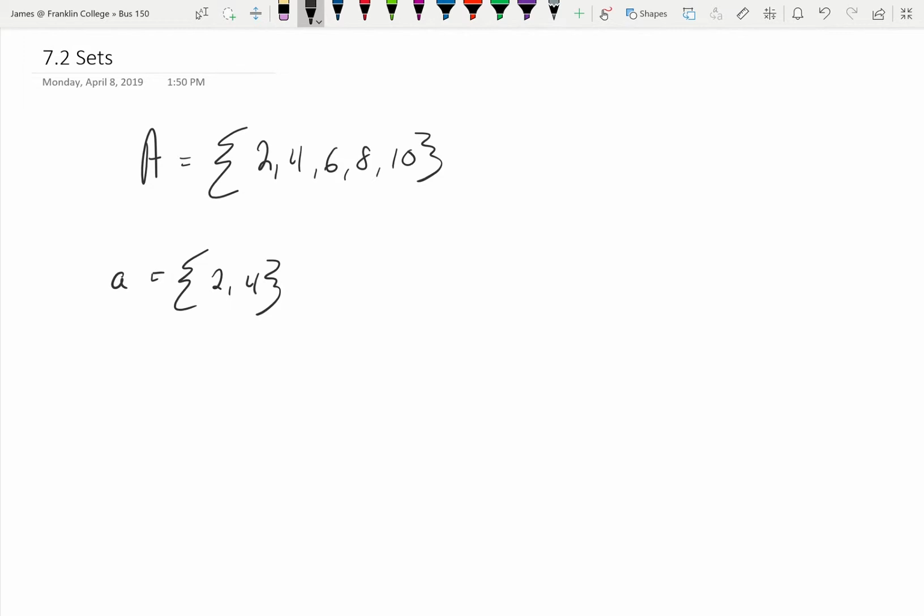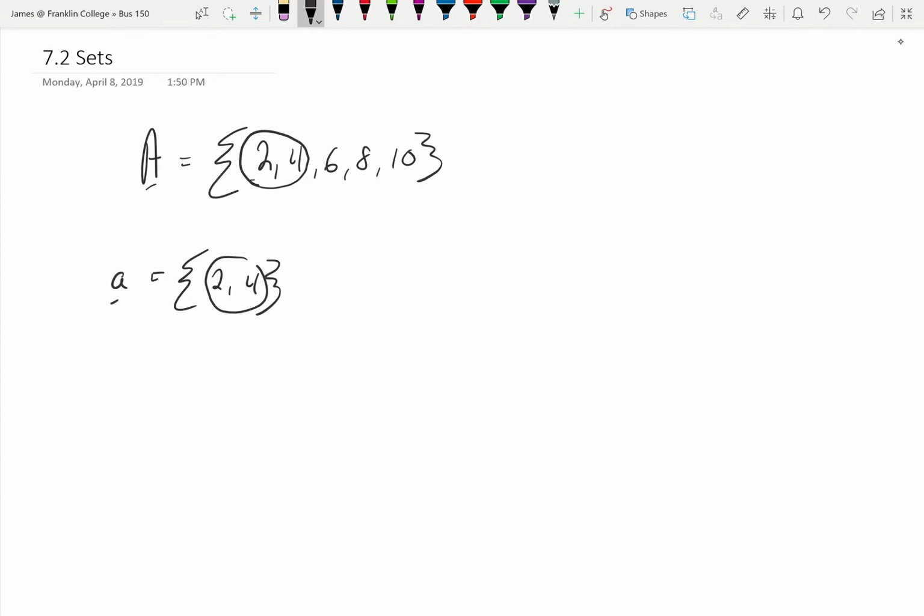So we have two different sets, capital A and lowercase a, where capital A is 2, 4, 6, 8, 10, and lowercase a is just 2, 4. Notice that 2, 4, which comprises all of lowercase a, is also in capital A.